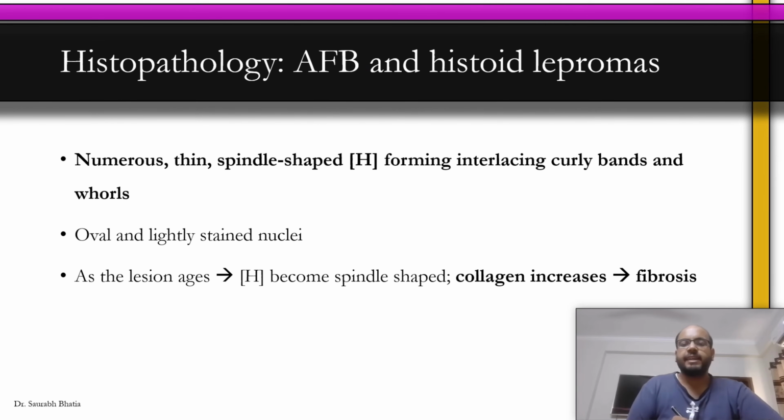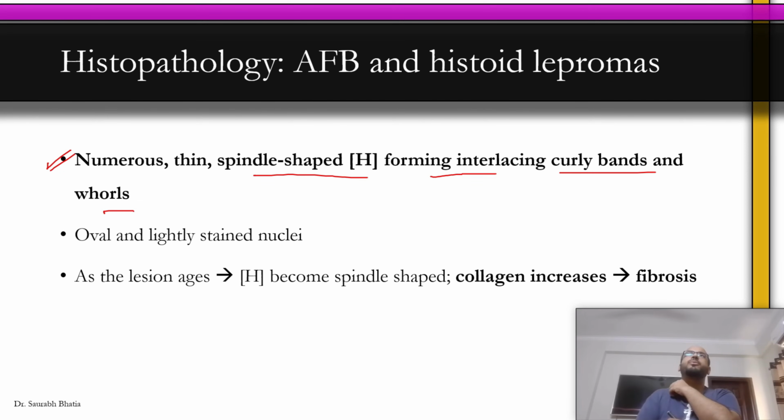Now let's understand the individual foamy histiocytes. These histiocytes are numerous, thin, spindle-shaped histiocytes forming interlacing curly bands and whorls. Take some time to read this sentence and make sense of it. Numerous, large numbers of spindle-shaped histiocytes. So this is the word that you have to be very careful about.